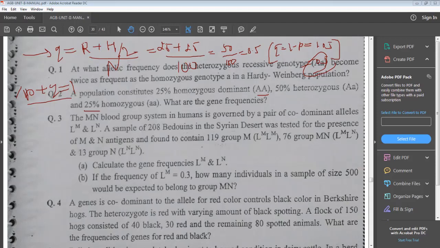Okay, this question is very easy. In this situation you can say that heterozygotes are twice the homozygotes. So this and this question are both similar kinds of questions.